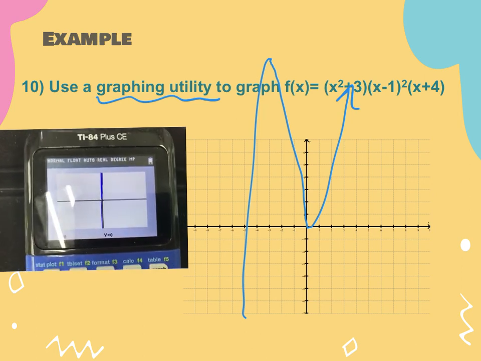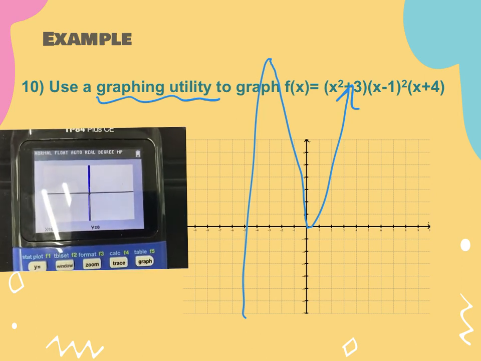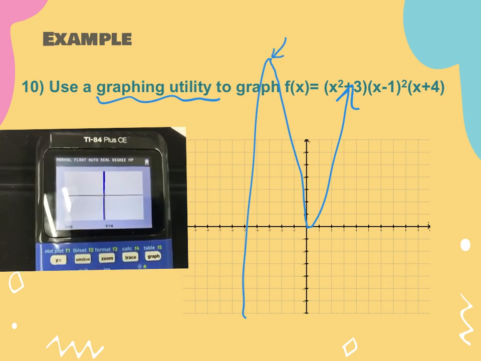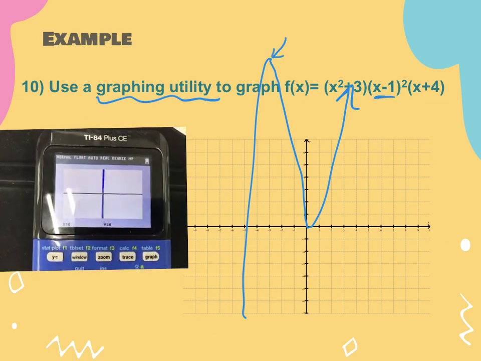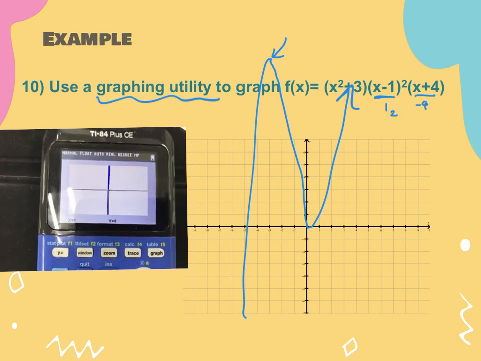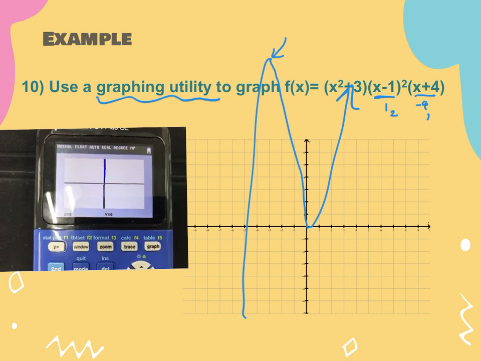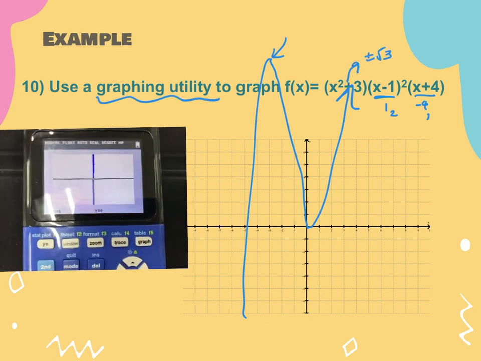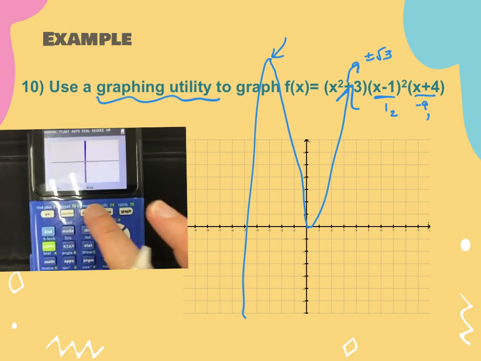The easiest way to figure out how high this is, is to pay attention to your roots here. So this is a 1 with a multiplicity of 2. This is a negative 4 with a multiplicity of 1. This would be plus and minus square root 3. So I'm going to go back.